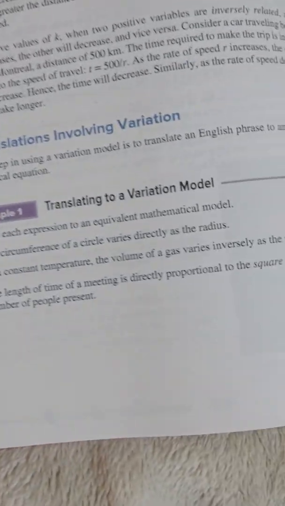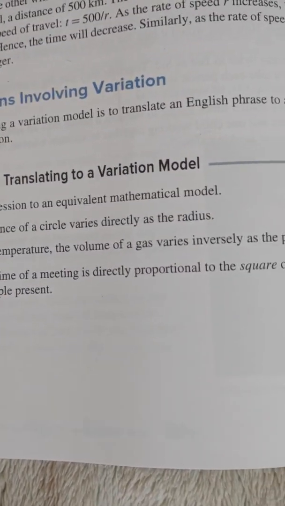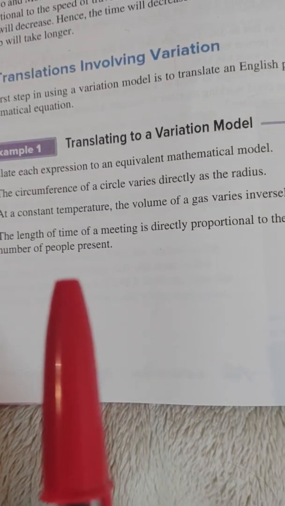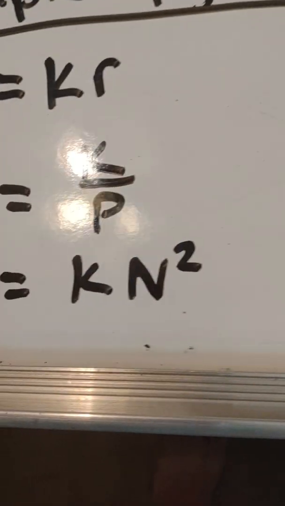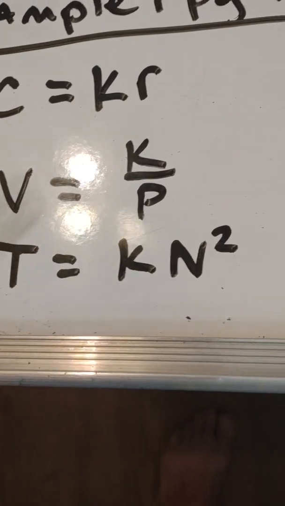And the last one says the length of time of a meeting is directly proportional to the square of the number of people. If we let T be time and N be number of people, we have T equals K N squared.